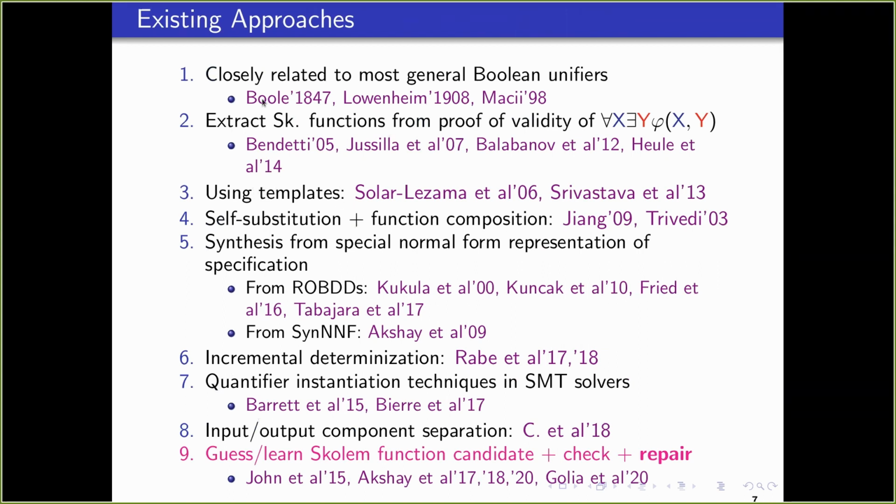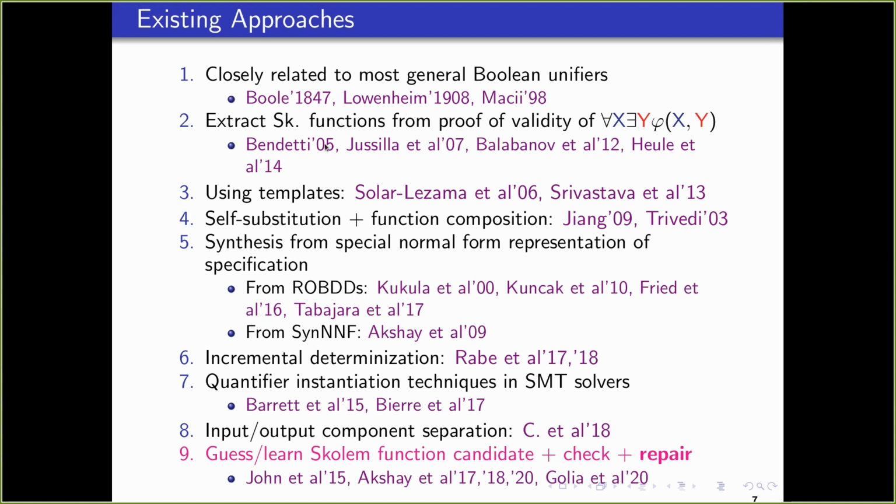In fact, this goes back to more than 100 years, where even before Skolem came into the scene, there was a closely related problem called Boolean unification, and there are some very close connections between the Skolem function generation problem and Boolean unification.